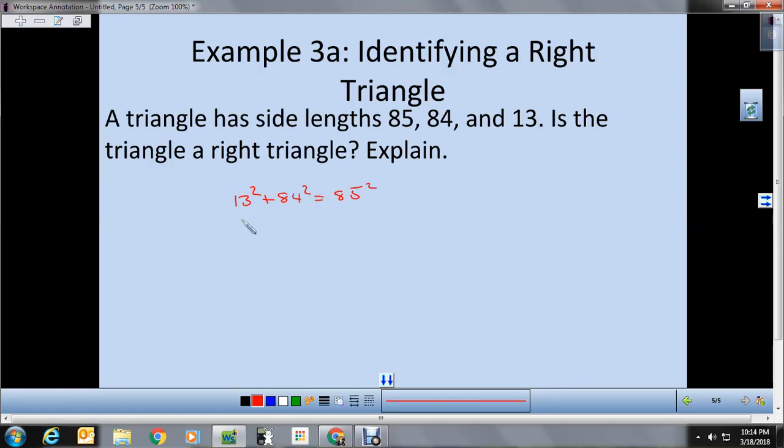Now, we'll go through and check to see, does 13 squared plus 84 squared in fact equal 85 squared? If it does, it's a right triangle. If not, then it's not a right triangle. So 13 squared is 169. 84 squared is 7,056. And 85 squared is 7,225.